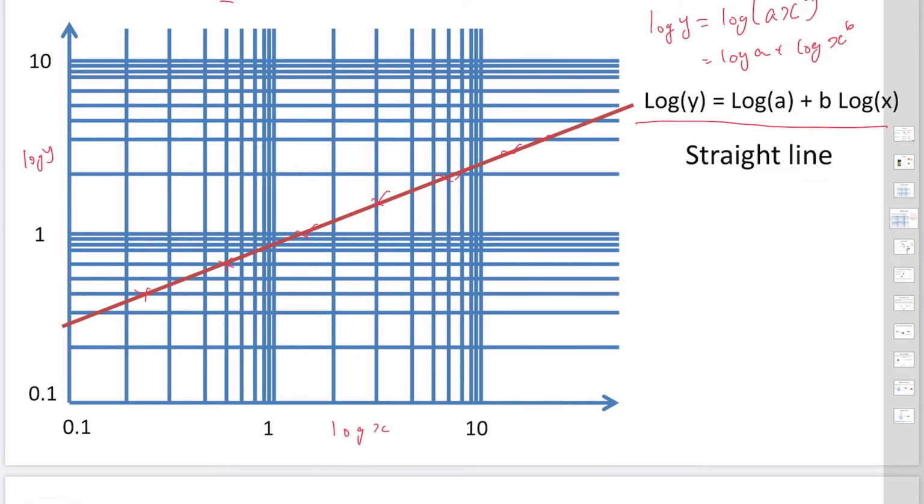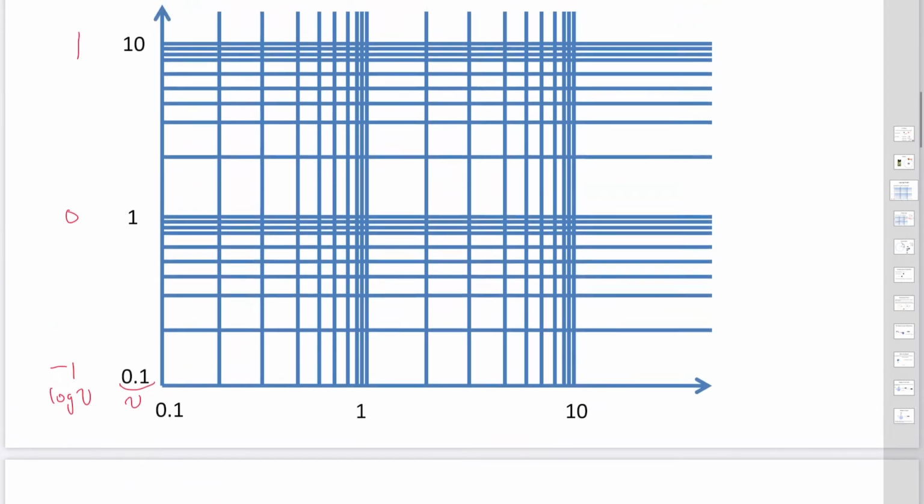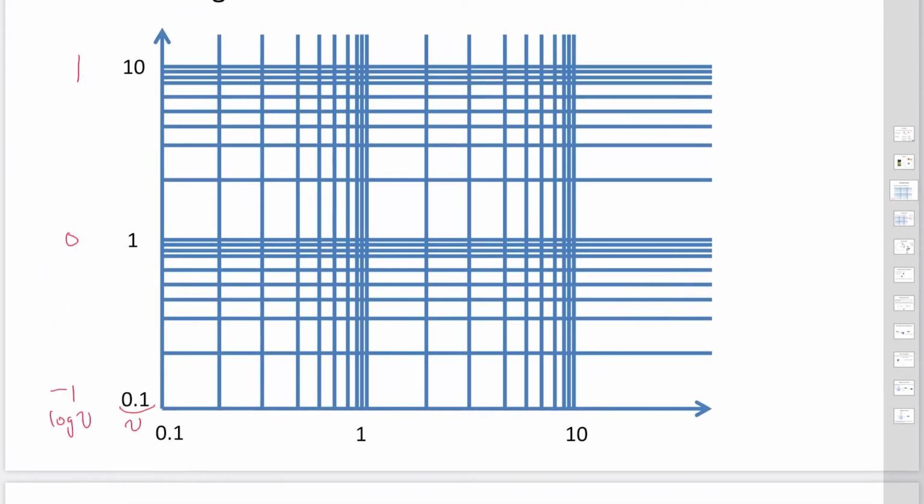If you plot the data of the rotational velocity of the planets, the horizontal axis is log r and the vertical axis is log v. When r is 0.1, log r is negative 1. This is 0 and this is 1. So for example, Mercury's radius is 0.4 AU.